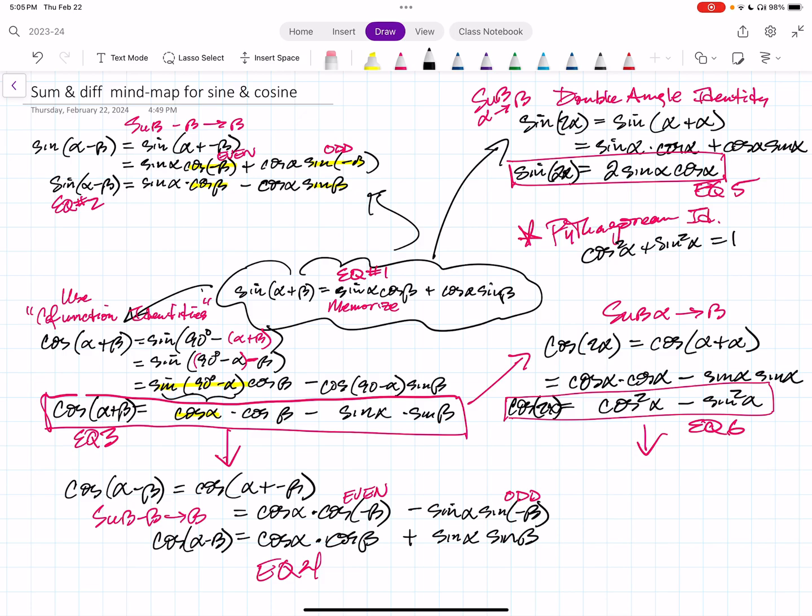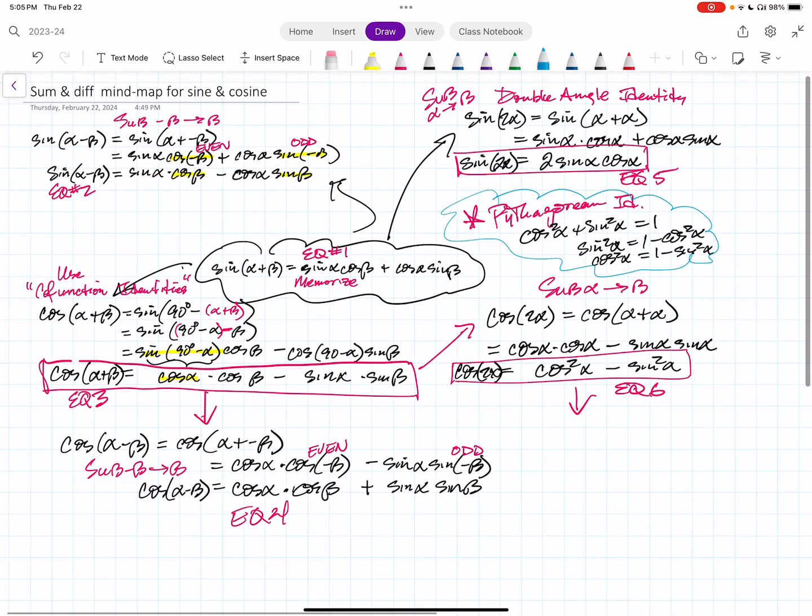Which means sine squared alpha, if you want to simplify that, is equal to 1 minus cosine squared alpha. It also means cosine squared alpha is equal to 1 minus sine squared alpha. So this is from our prior video, so this goes off to the side, floating in space on the mind map right there.